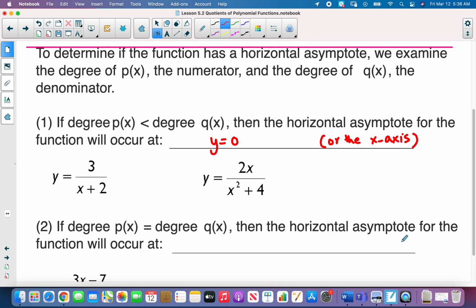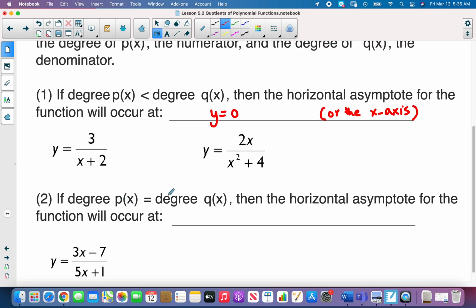If the degree of the numerator is equal to the degree of the denominator, then the horizontal asymptote for the function will occur at the ratio of the leading coefficients of the numerator and denominator.